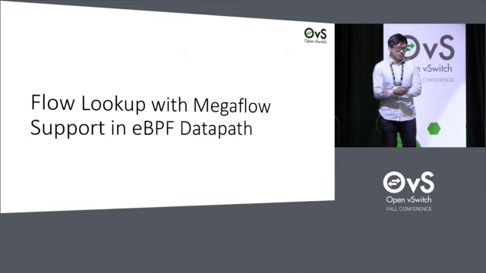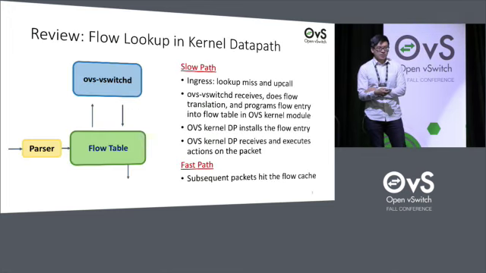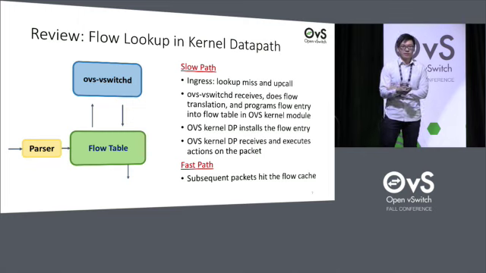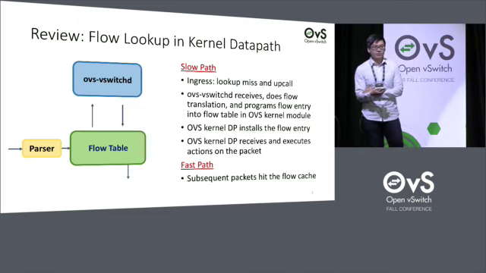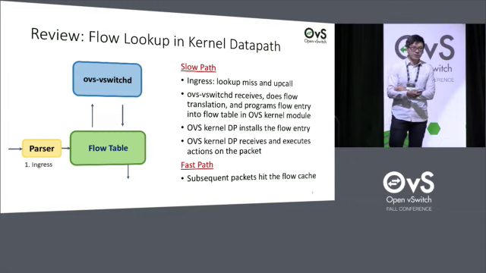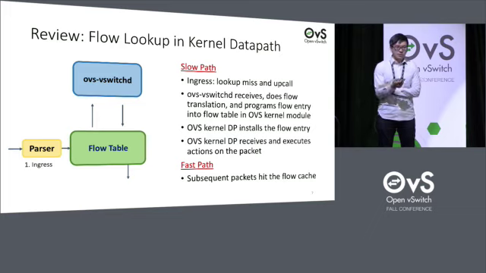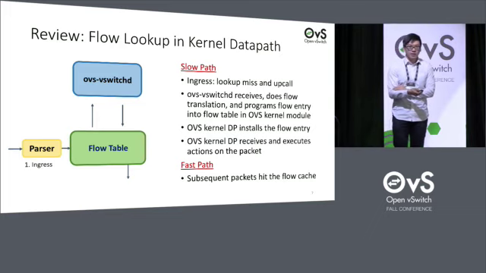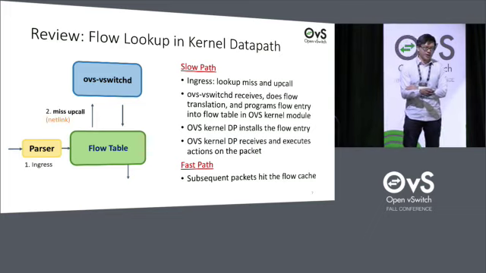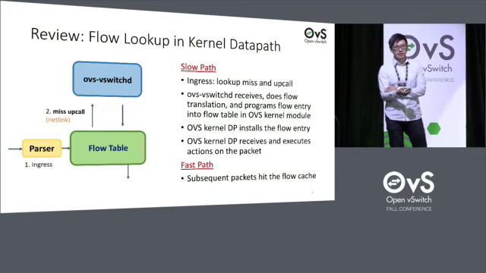Okay, before we jump into the flow lookup in the eBPF datapath, let's do a quick review of the flow lookup in the kernel datapath. When a packet comes into the ingress, the processing will kick in. We use the parser to derive the flow key, and then we use the flow key to do a lookup in the flow table. Because this is the first packet, we cannot find any flow in the flow table.